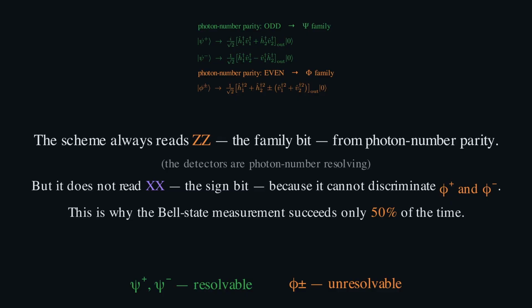Analogously, the scheme always reads ZZ, the family bit, from photon number parity. It does not successfully read XX, the sign bit, because it cannot discriminate phi plus and minus. This is why Bell state measurement is said to only work 50% of the time.